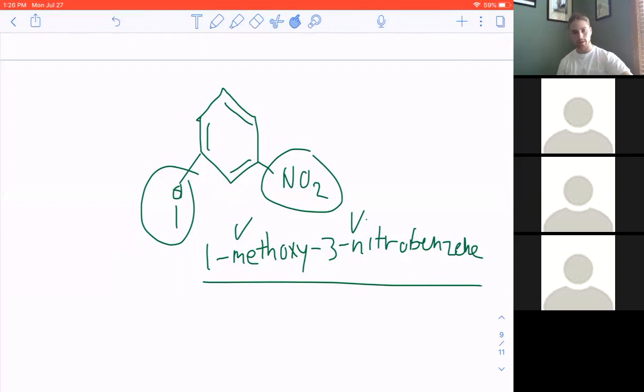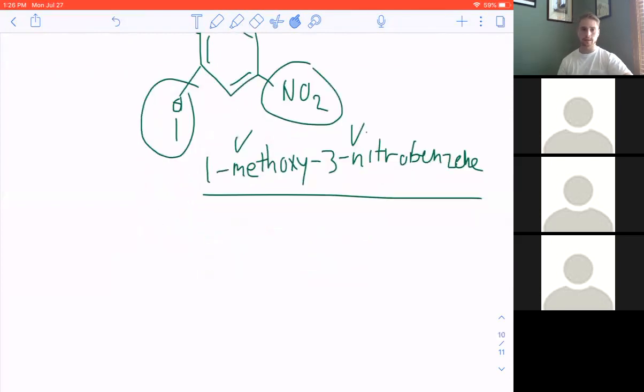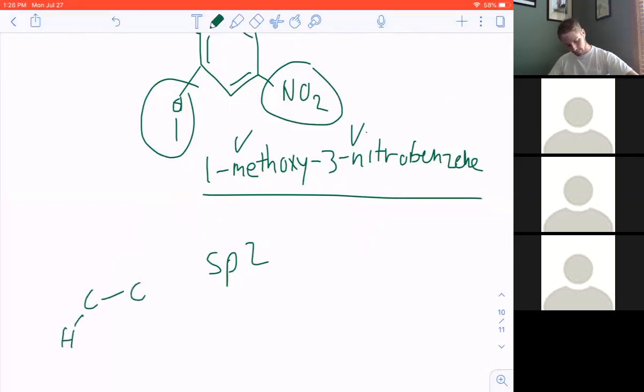I guess here's one that a lot of people got wrong. It was: a delocalized cloud of pi electrons in benzene is formed by the overlap of 6 what orbitals? A lot of people put sp2 for that. But remember, in benzene, the overlapping part is going to be pi orbitals. The carbon is sp2, so it has a hydrogen bonded somewhere, a double bond to one carbon, and a single bond to the other.